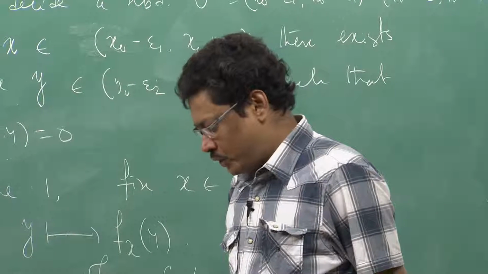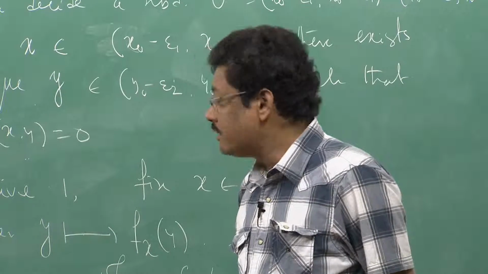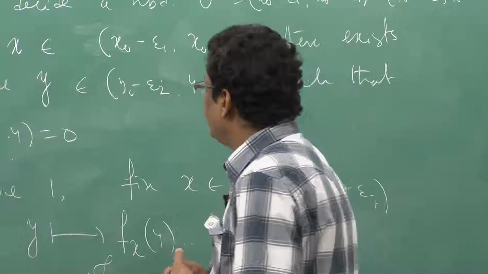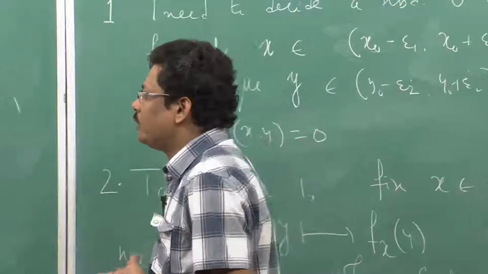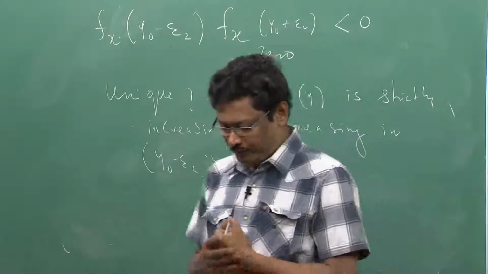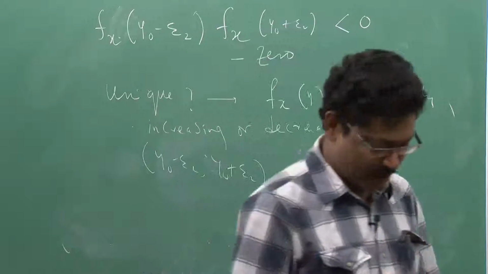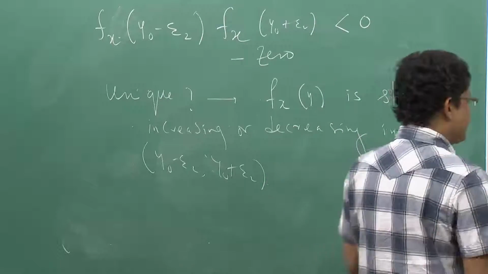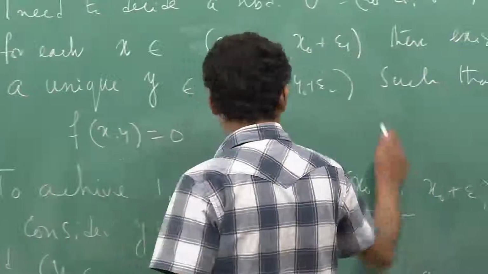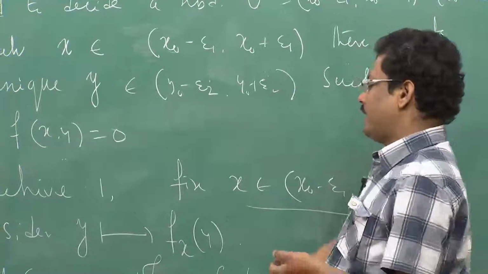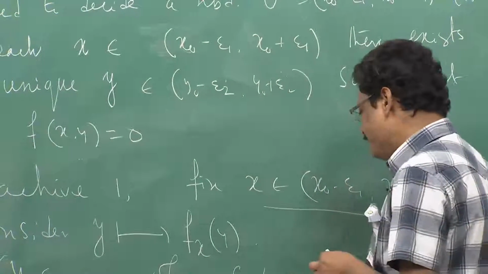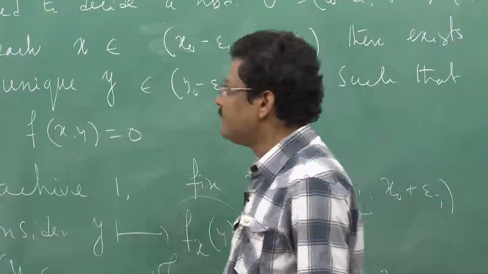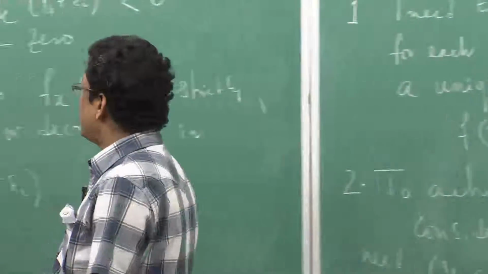Okay. So, let us come back and continue with the implicit function theorem. What we observed is that we could achieve our goal to have every level curve locally as a graph if, for every fixed x in this neighborhood, I can have a neighborhood of y such that y going to f(x, y), this function, has a 0 here.